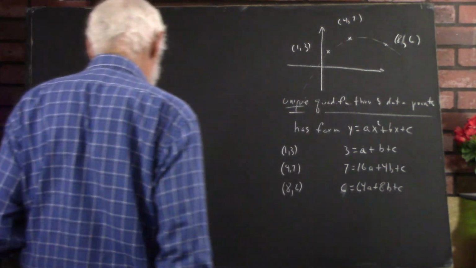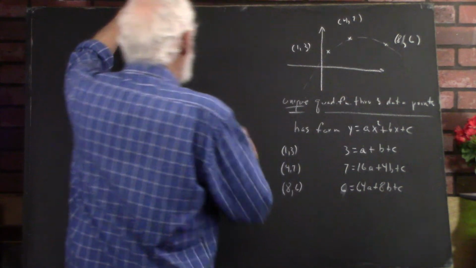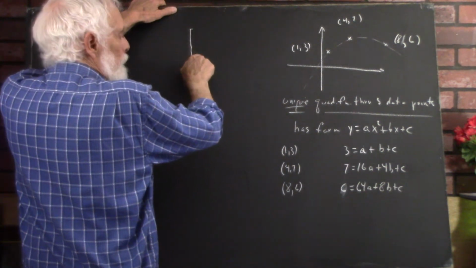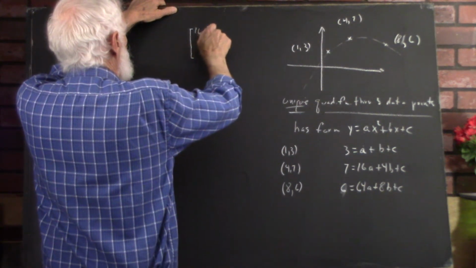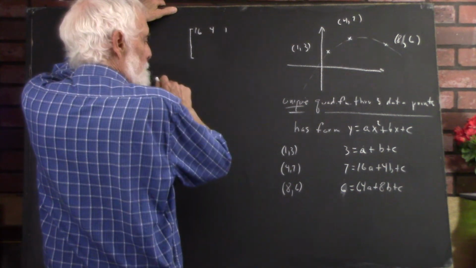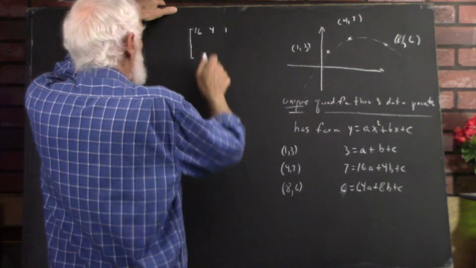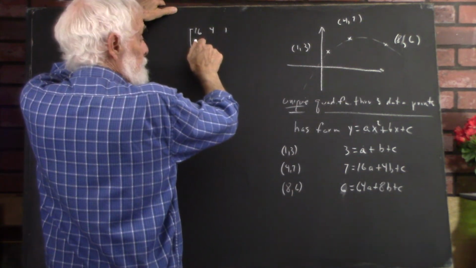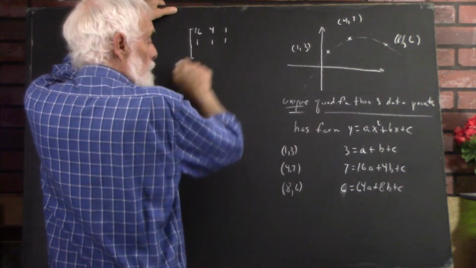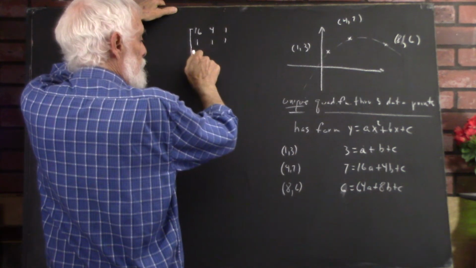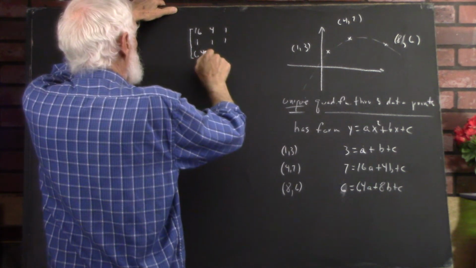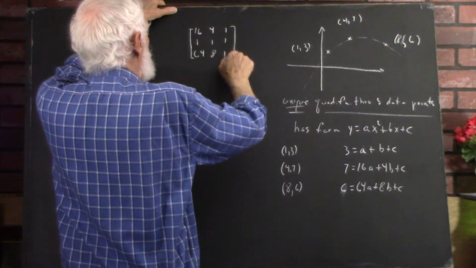So, writing this all as a matrix equation, we get 16, 4, 1. Well, I wrote the second equation first, but I can do that. 1, 1, 1. 64, 8, 1.